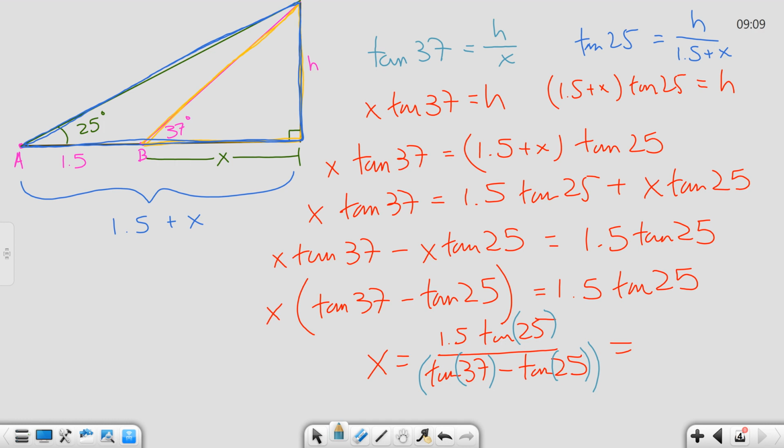My calculator is smart though, so I didn't even use it. I stored them as variables. Oh, whoa. I got 2.4.